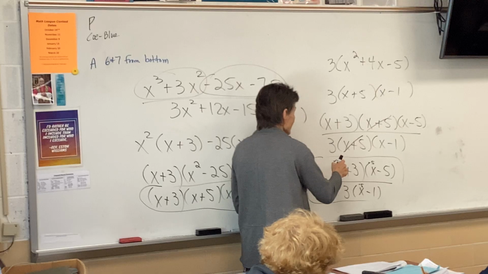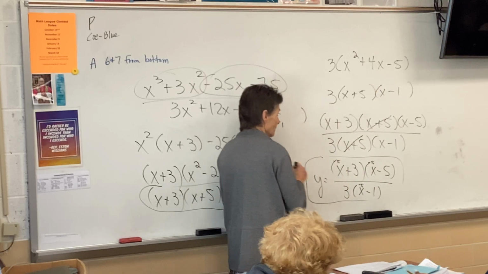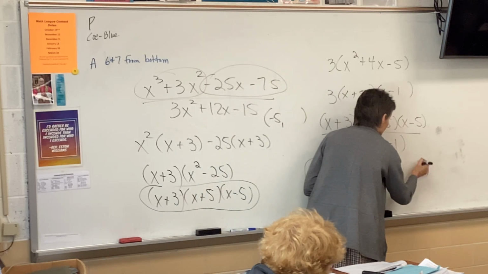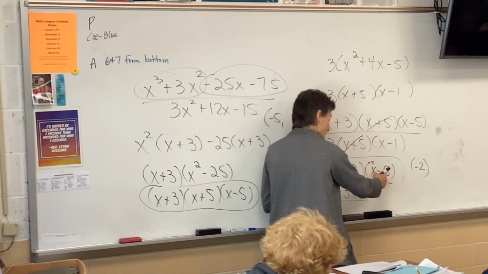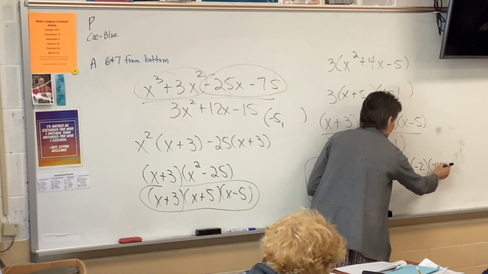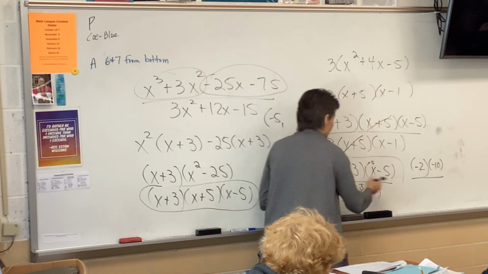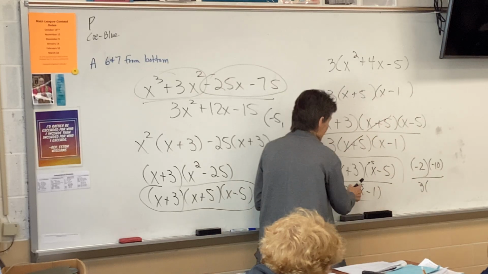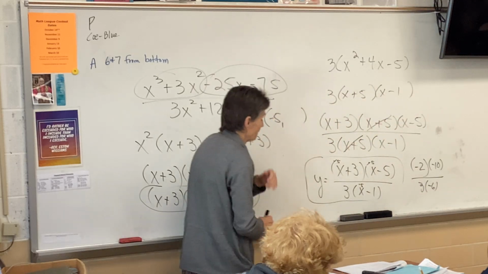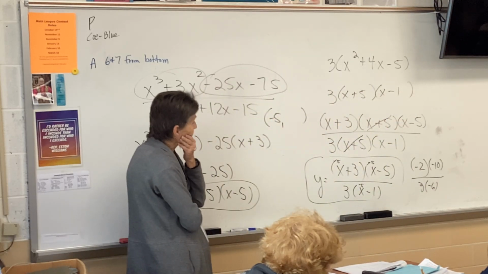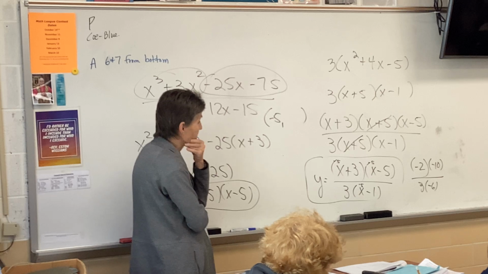Negative 5 plus 3. Negative 5 minus 5. Negative 5 minus 1. That one didn't work out so nice. What is that?